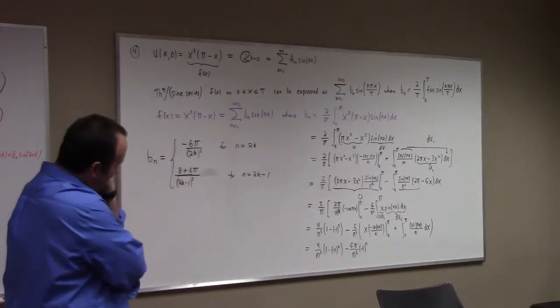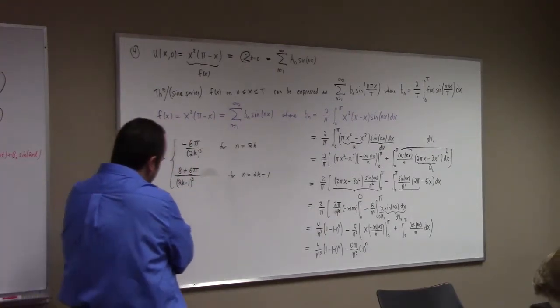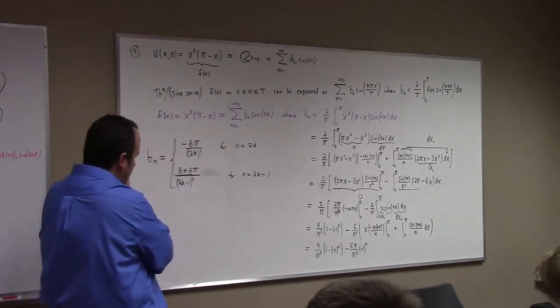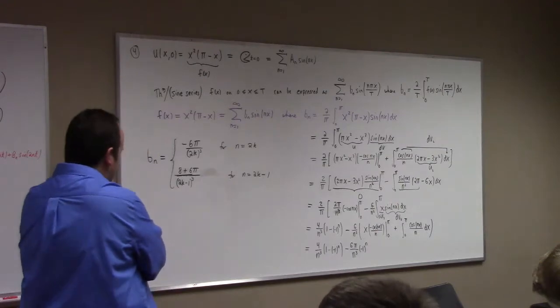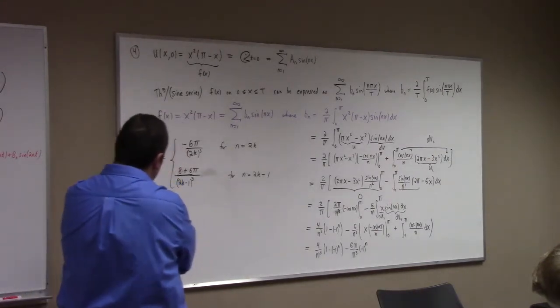Because if n is odd, (-1)^n is minus, so I get minus minus, which is a plus 6 pi over n cubed. And that initial term becomes 1 minus a minus 1, which is 2. 2 times 4 is 8.